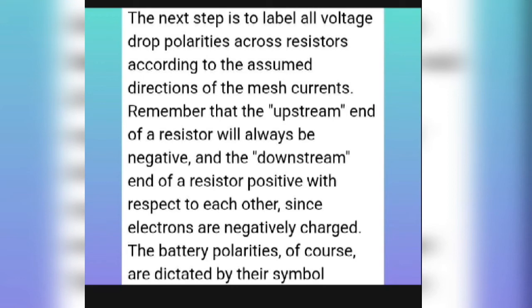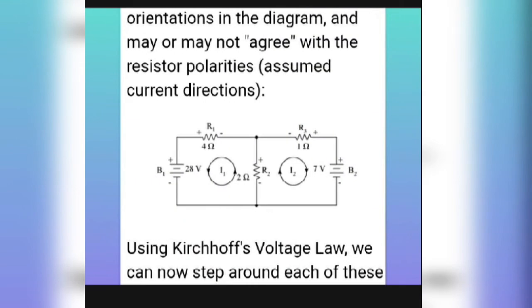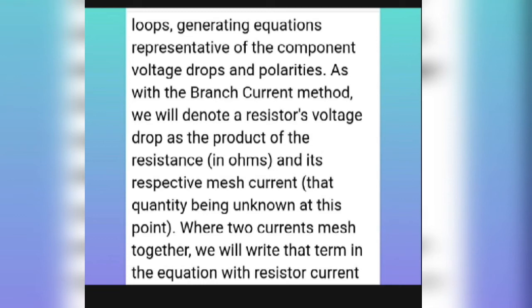The battery polarities, of course, are indicated by their symbols, for B1 and B2, and may or may not agree with the resistor polarities. Using Kirchhoff's voltage law, we can now step around each of these loops, generating equations representing the component voltage drops and polarities.